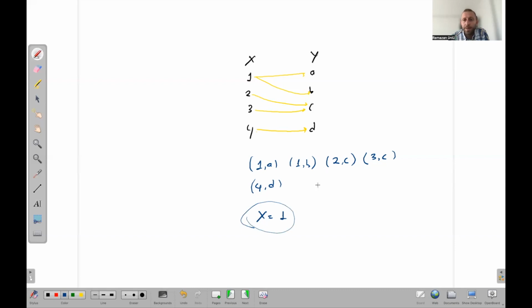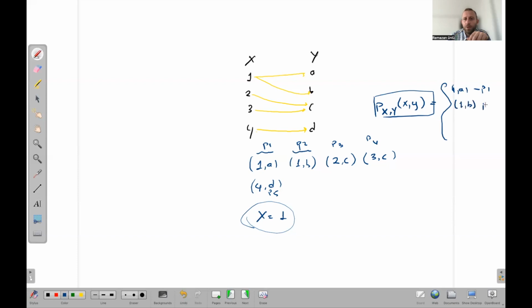Let's say the probabilities are P1, P2, P3, P4, and P5. I know the joint probability mass function of these two random variables. So 1A is equal to P1, 1B is P2, and so on.